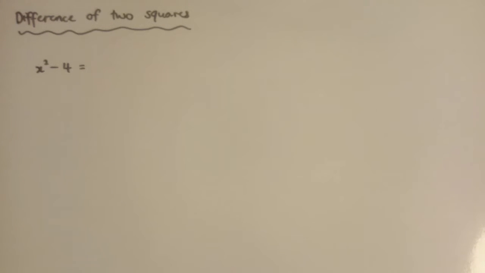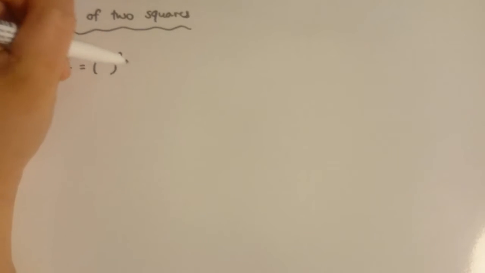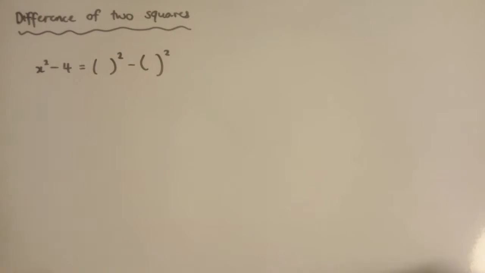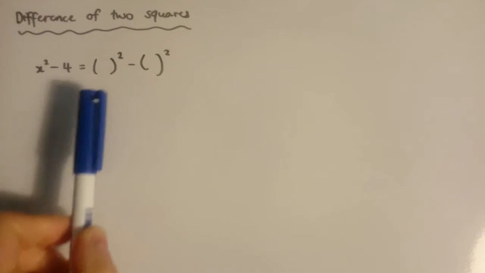Let's have a look at a couple of examples for difference of two squares. The first one is pretty straightforward, x squared take 4. Remember the difference of two squares can only be used when it's something squared minus something squared. So let's write it in that form first. Something squared take something squared. We just want to work out what our a and our b are.